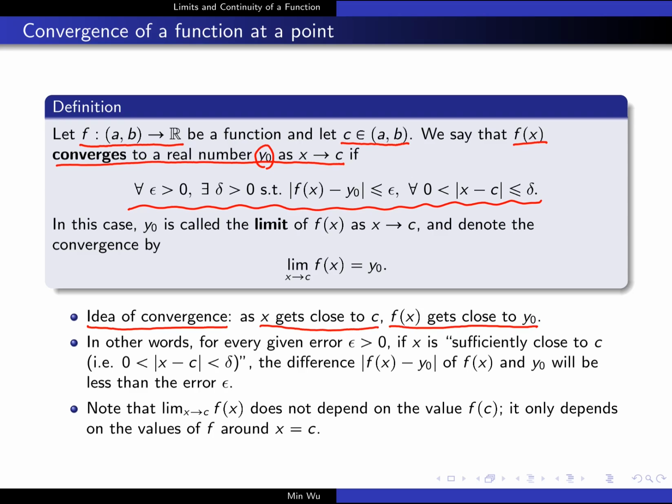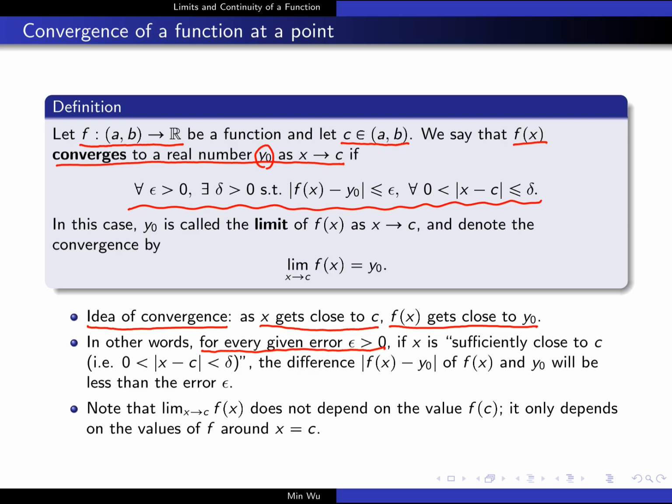Similar to the idea of sequences, basically this can be interpreted as: no matter how small an error is given, so the error is epsilon greater than 0, as long as x is sufficiently close to c, then the difference between f(x) and y0 should be less than or equal to the error epsilon that is given.